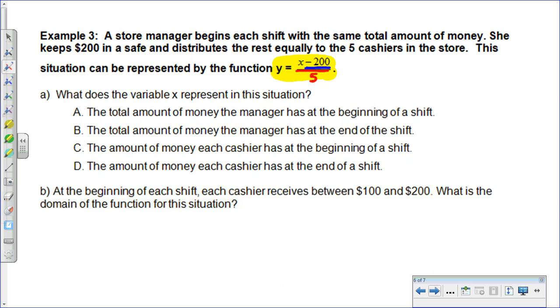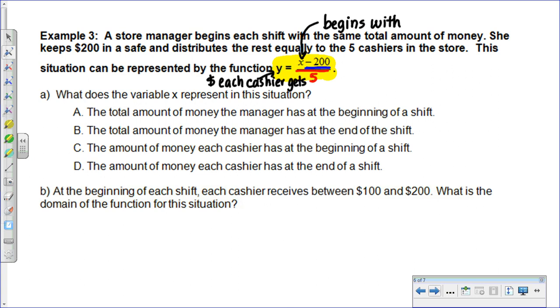So what does x and what does y represent in this problem? Well, x has to be the amount that she begins with, because she begins with that amount and then subtracts 200 and distributes it among the 5 cashiers. So the y must be how much money each cashier gets.